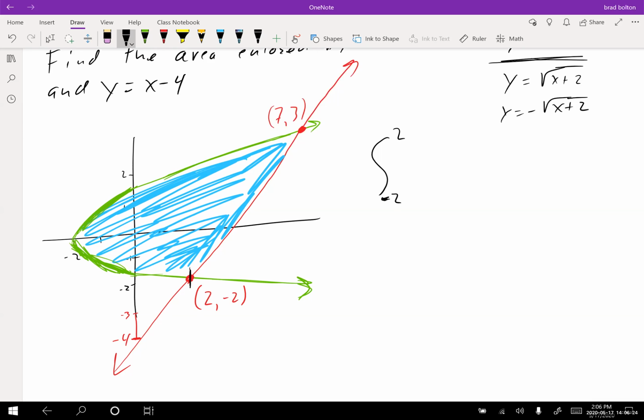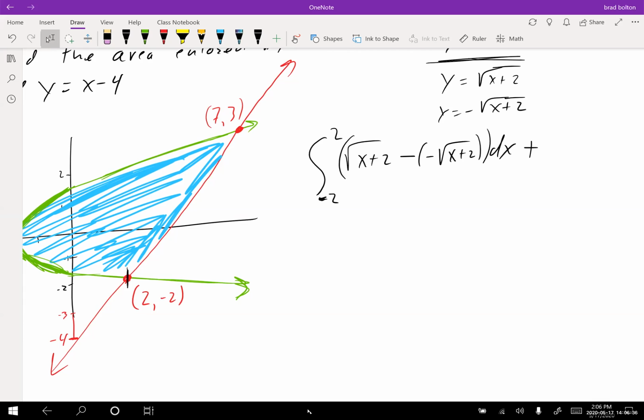The top half of the parabola is square root of x plus 2 minus the bottom half of the parabola, which is negative square root of x plus 2, dx, plus, now after we cut the graph right here, this part right here now has the parabola on top, the square root part on top, and now the line is on bottom.